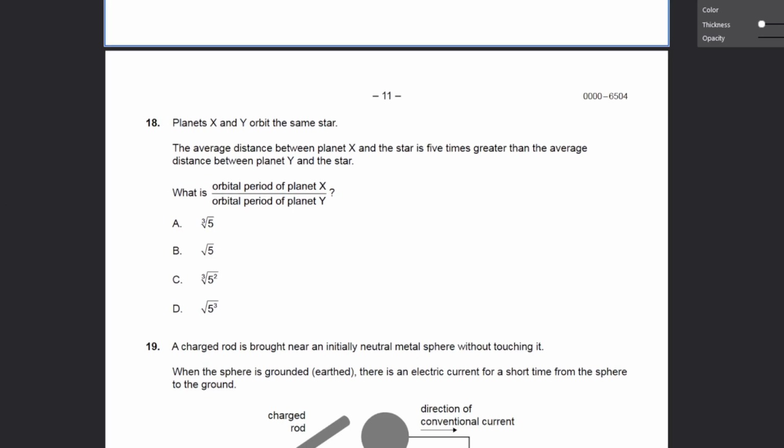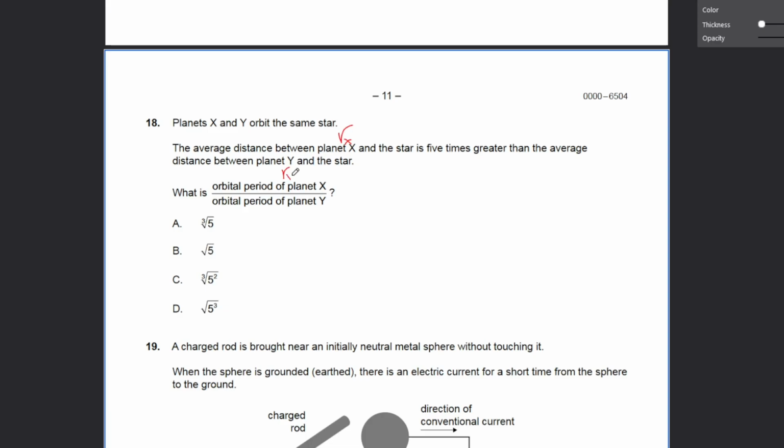All right, question 18. Planets X and Y orbit the same star. The average distance between the planet X and the star, I'll call this R sub X, is 5 times greater than the average distance between planet Y and the star.